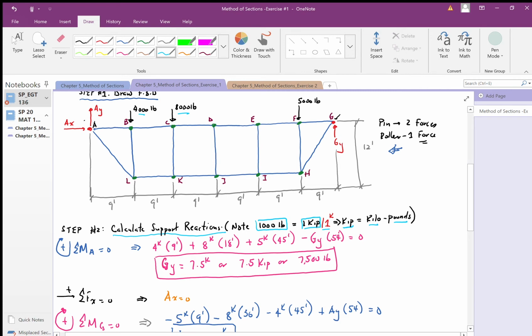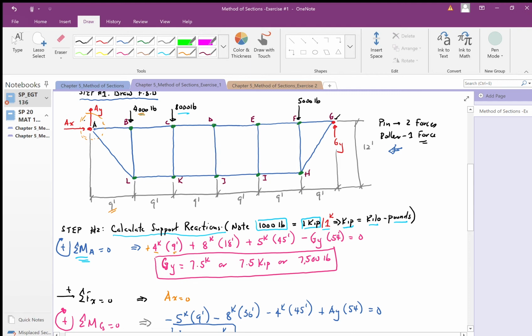If we take the moment about point A, which is my point of interest here, the first force I come in contact with, looking from left to right, is 4,000 pounds, 9 feet away. It creates a positive moment, so I have 4,000 times 9 feet.